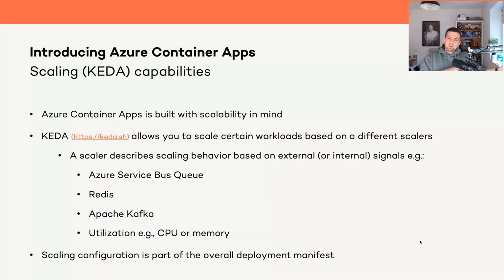Okay, a couple of slides back, I said you can run any kind of event-driven applications. Any kind. Well, obviously, KEDA allows us to build event-driven applications in Azure Container Apps.